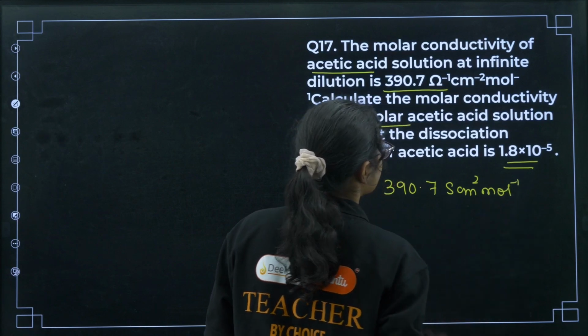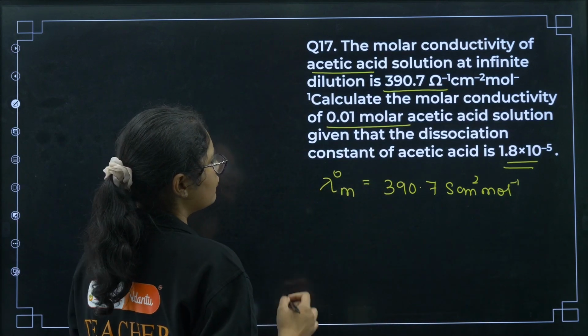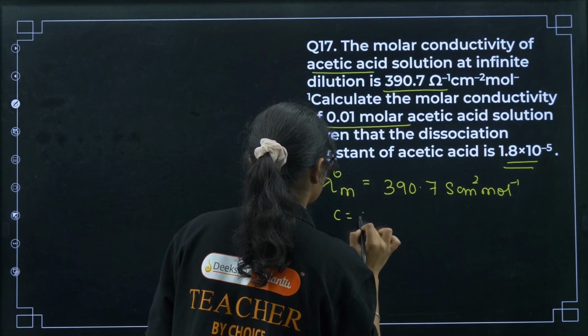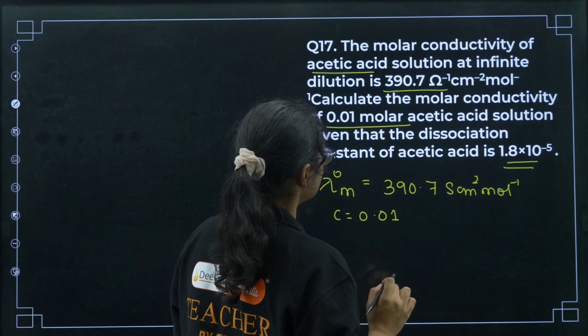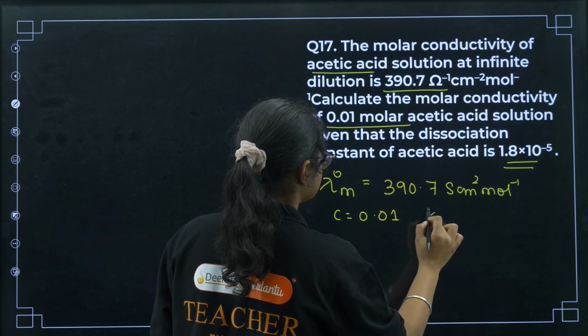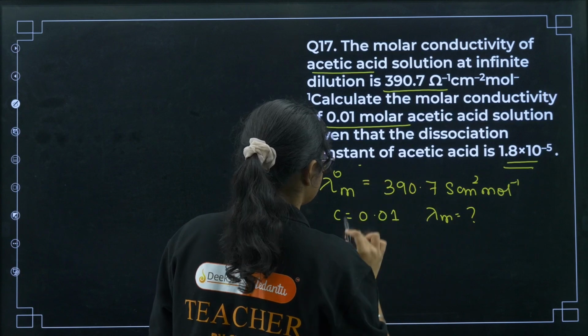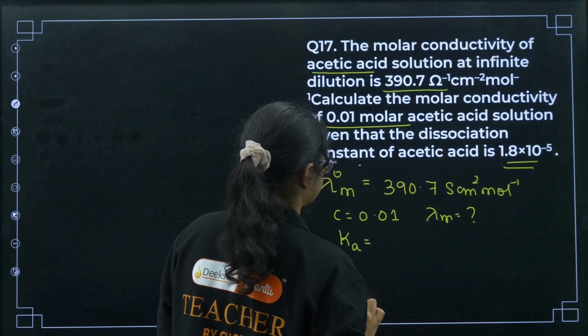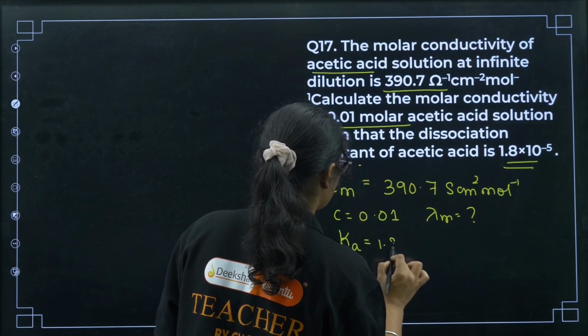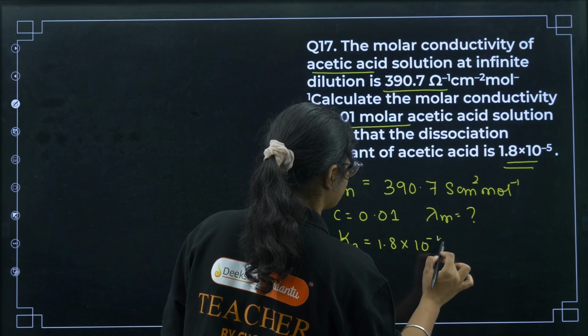Next we have to calculate the molar conductivity of 0.01 molar acetic acid, given that the dissociation constant is 1.8 into 10 to the power of minus 5.